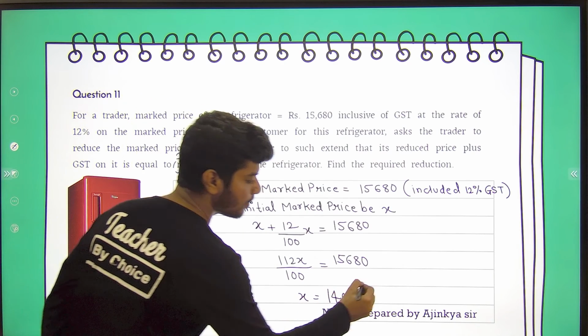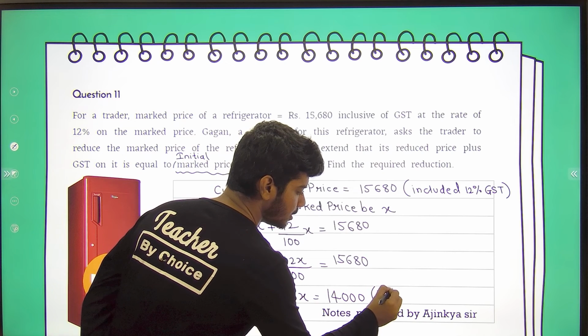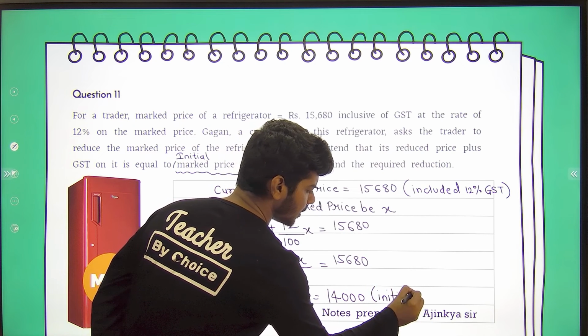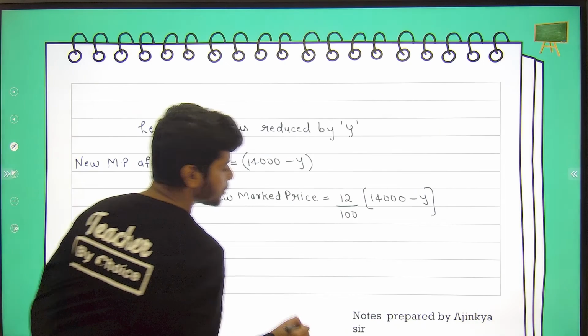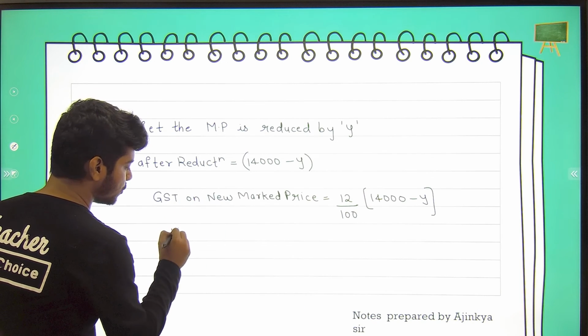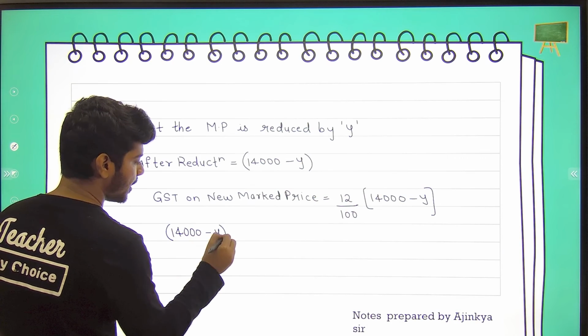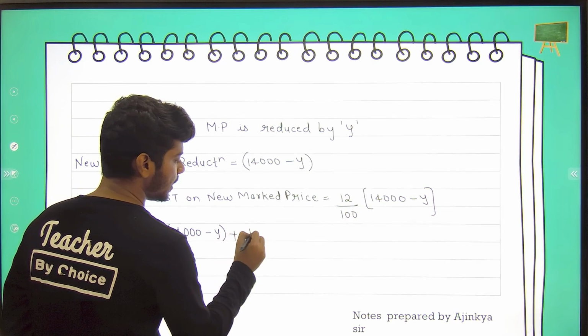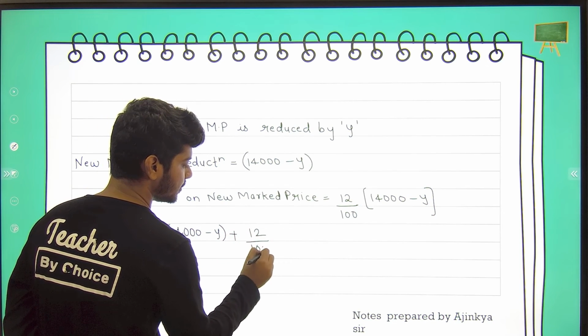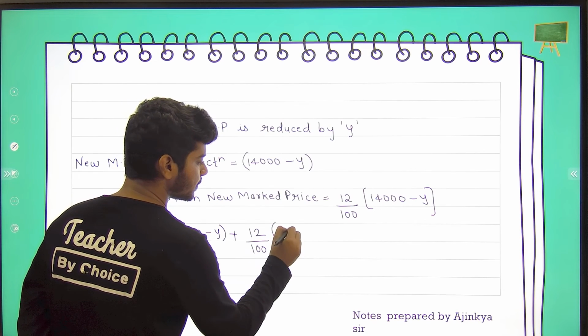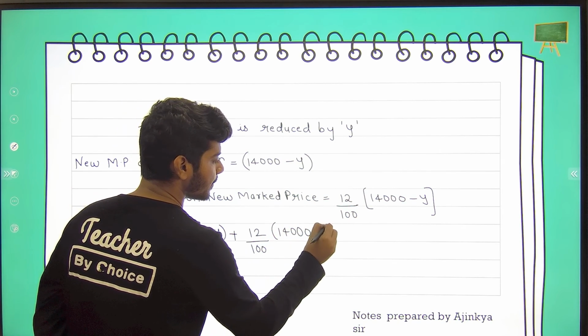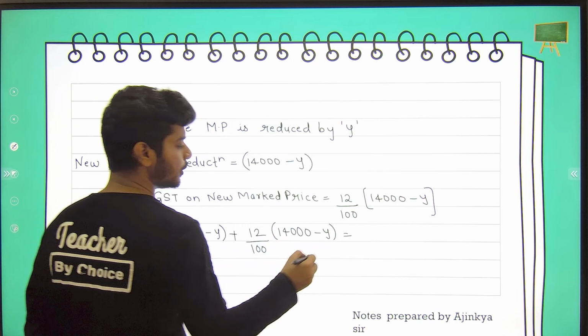This is the initial marked price. So we will write 14,000 minus Y plus 12% on that, 14,000 minus Y should be equal to 14,000.